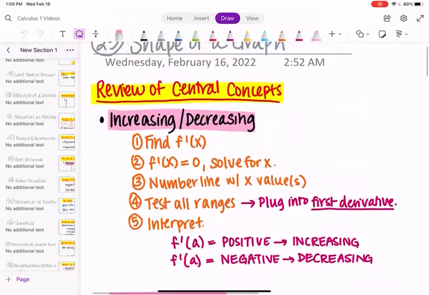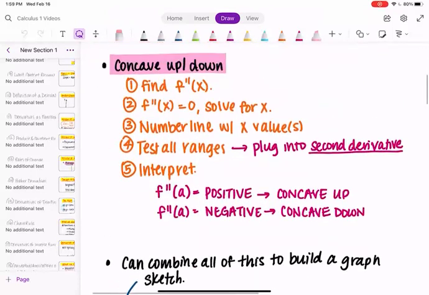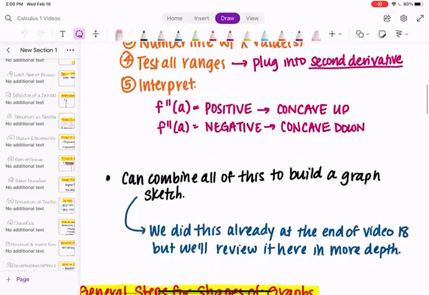So remember, for increasing and decreasing, we plug into the first derivative, and for concavity, we plug into the second derivative. Again, it's just an interpretation. When I plug in the x value I'm testing and get a positive number, that means in that range the function is concave up. And if I get a negative number, it means it's concave down.